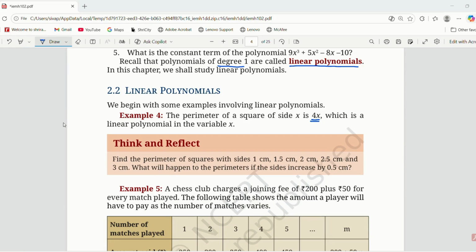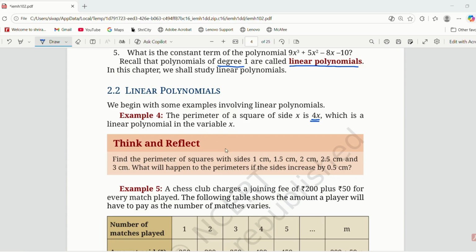So if x is increased by 0.5 centimeter, the perimeter is increased by 2 centimeter in each case. See, 4 plus 2 is 6, 6 plus 2 is 8, 8 plus 2 is 10, 10 plus 2 is 12.